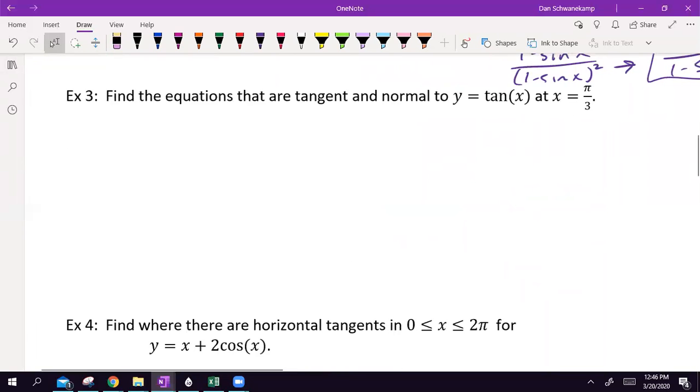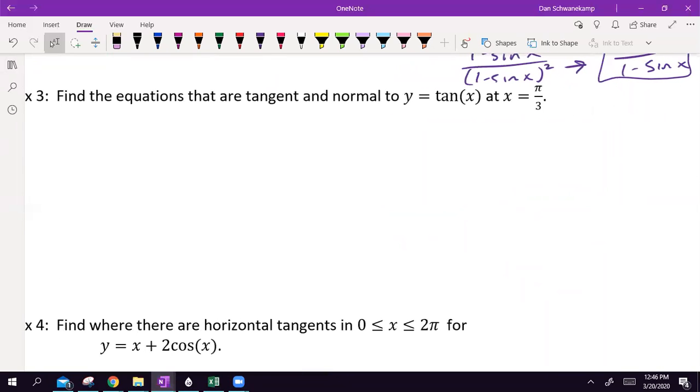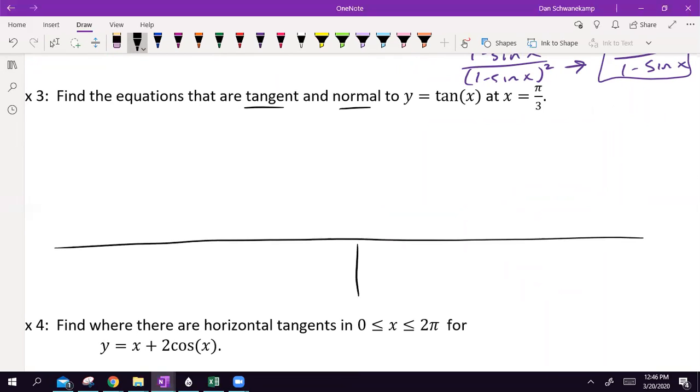Number 3 says, find the equations that are tangent and normal to y equals tangent x at x equal to pi over 3. Tangent and normal. So what that means is, when I look at this problem, we're going to have two different answers: y minus, x minus, y minus, x minus. We're writing tangent line equations.